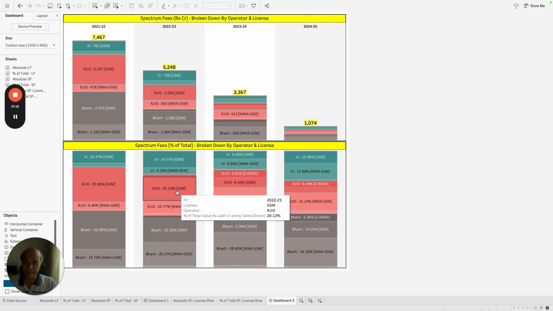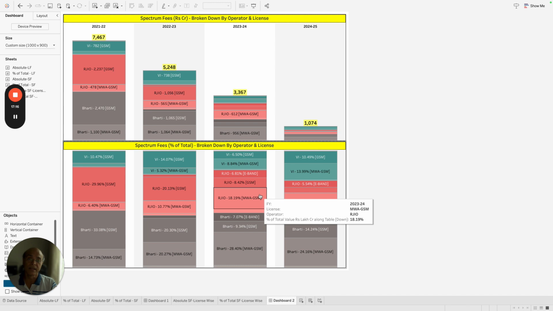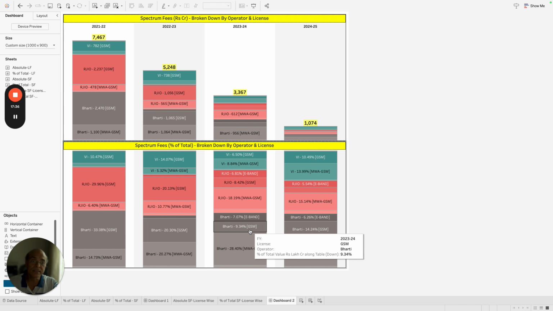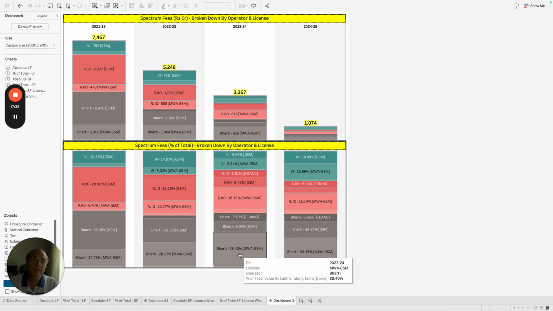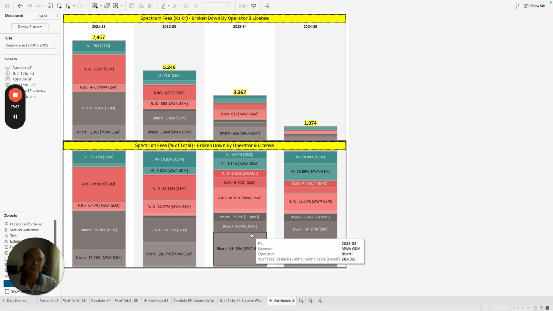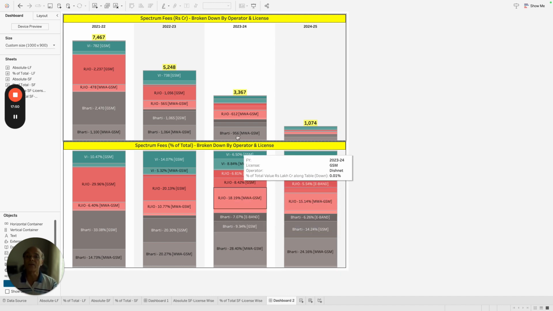As far as the access spectrum is concerned, now in FY23-24, it is 8.42%, and Reliance Jio's microwave access spectrum is 18.18%, and Bharti's microwave access spectrum is 28.40%.